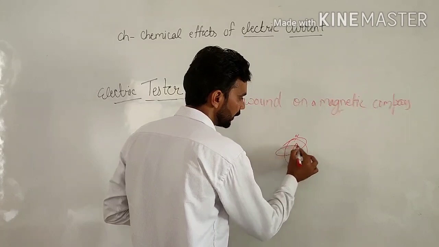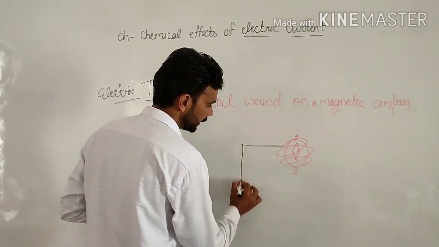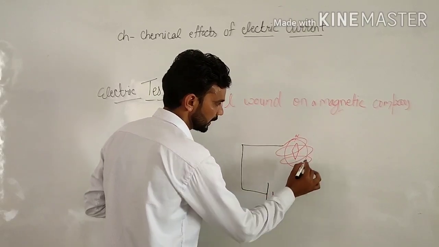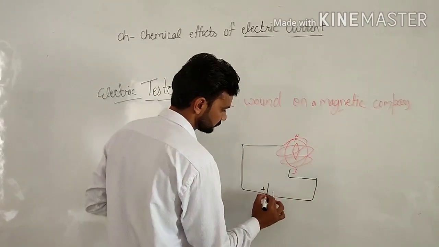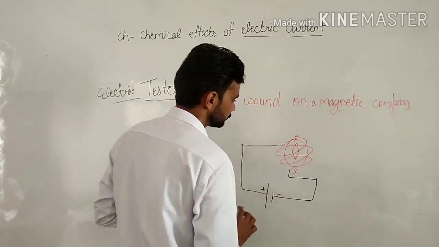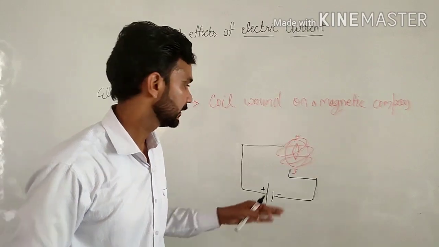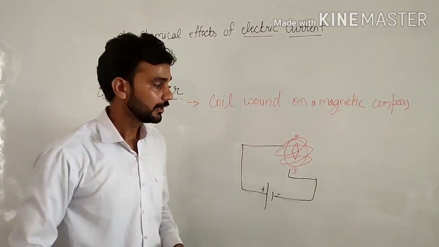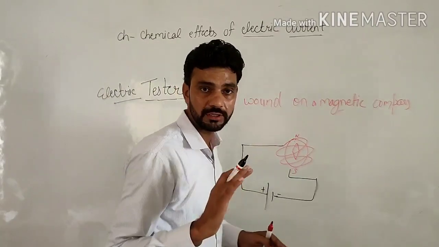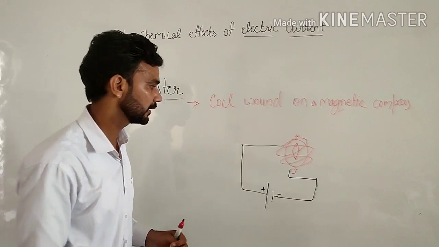If we wind a wire around it in this way, and connect that wire through a cell, if the magnetic needle shows deflection, it means the current is flowing through the circuit. If the magnetic needle does not show any deflection, it means current is not flowing through the circuit.